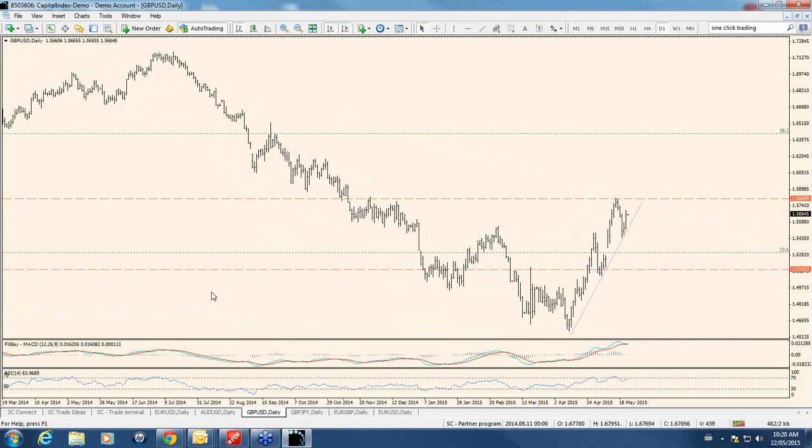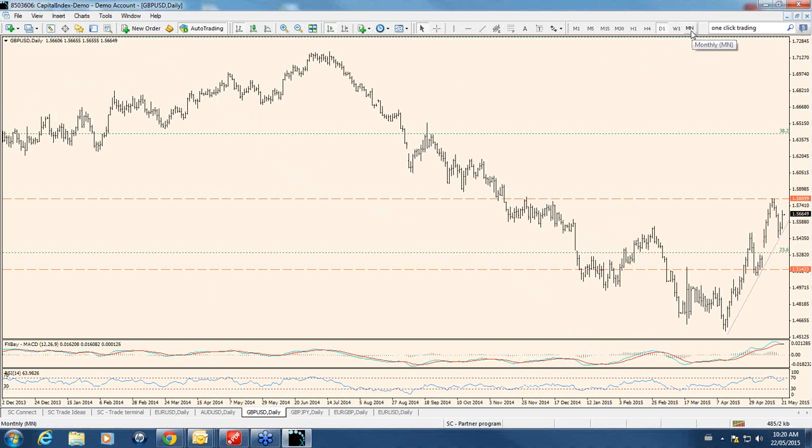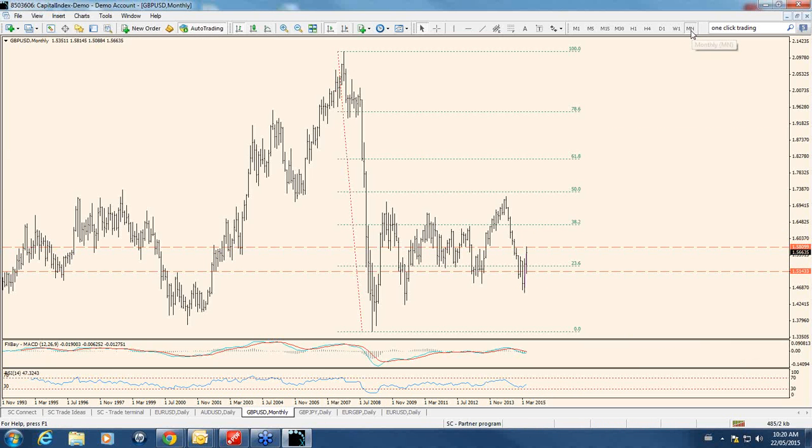Let's go to pound. Okay, again what I do, I go to the monthly. I'll go to the monthly, and you can see I have drawn Fibonacci. The way you draw Fibonacci, you always draw from left to right, okay?